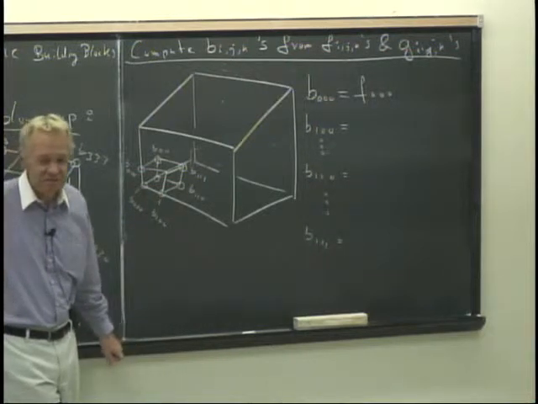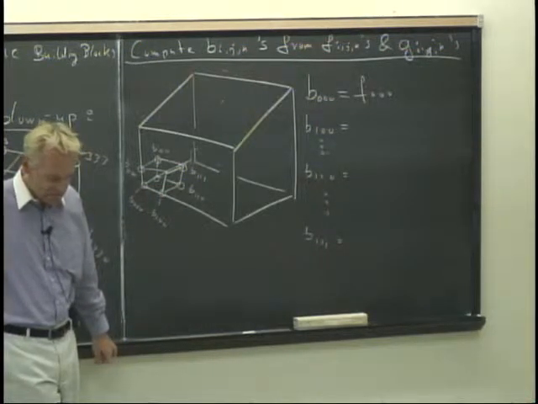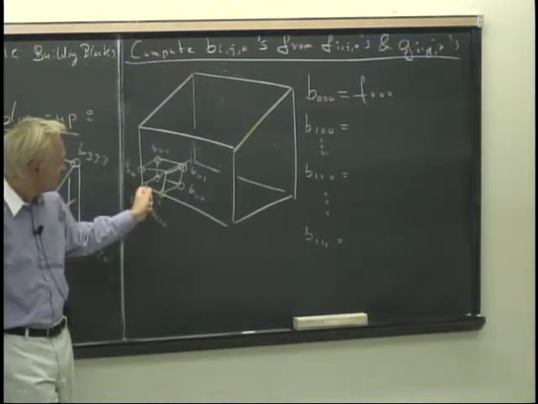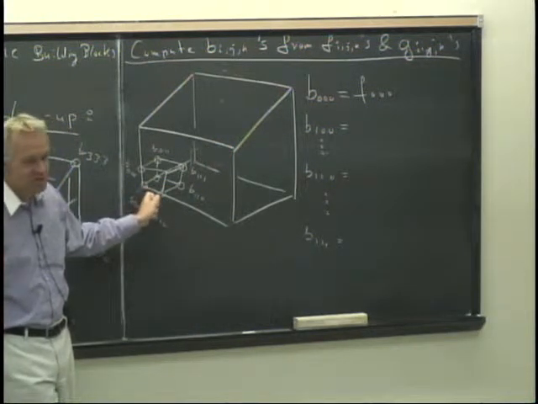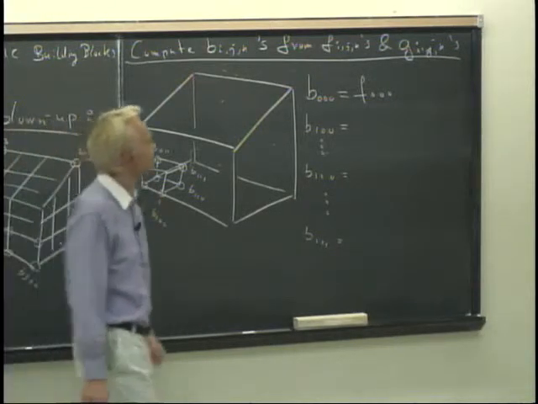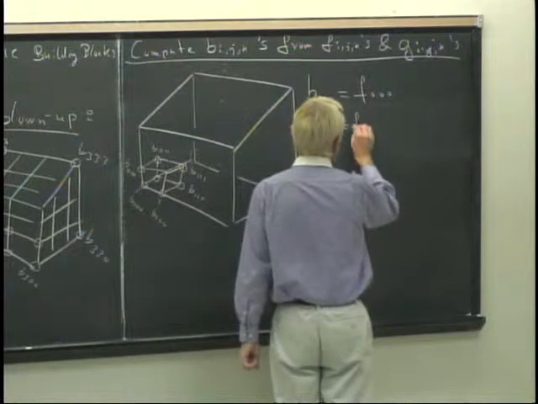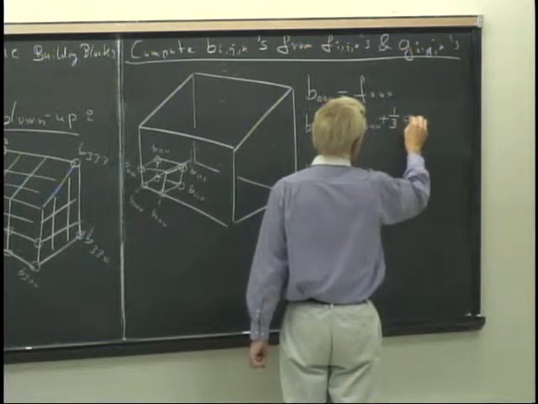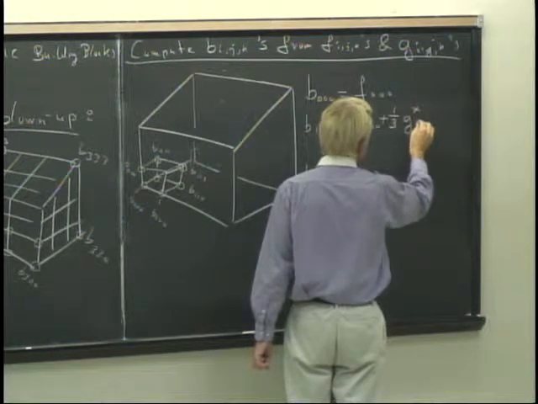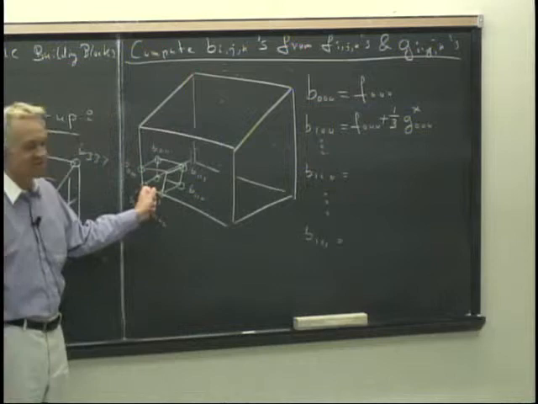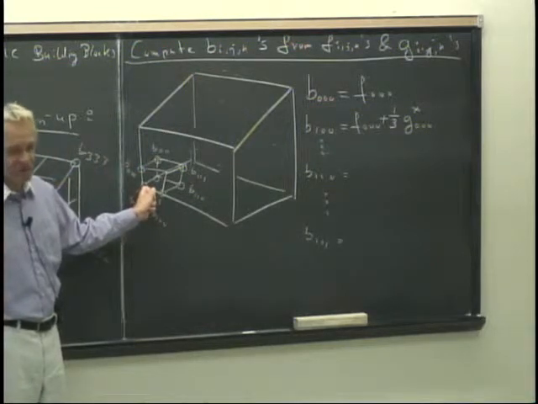Also with the gradient. Remember that? The right value of this Bezier point is the value at the corner plus 1/3 times the gradient at the corner, right? In x direction. So this one is f000 plus this magic 1/3 times the gradient in x direction at location 0, 0, 0. Right? That's the gradient that we have estimated by now for all the corners, for all the voxels.